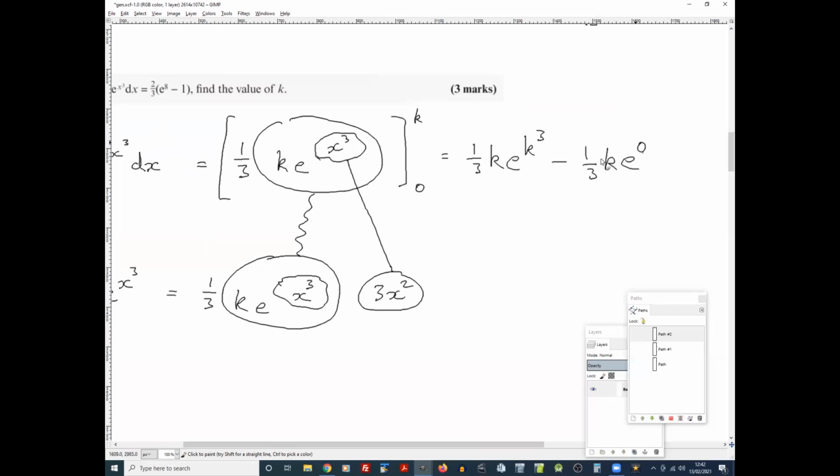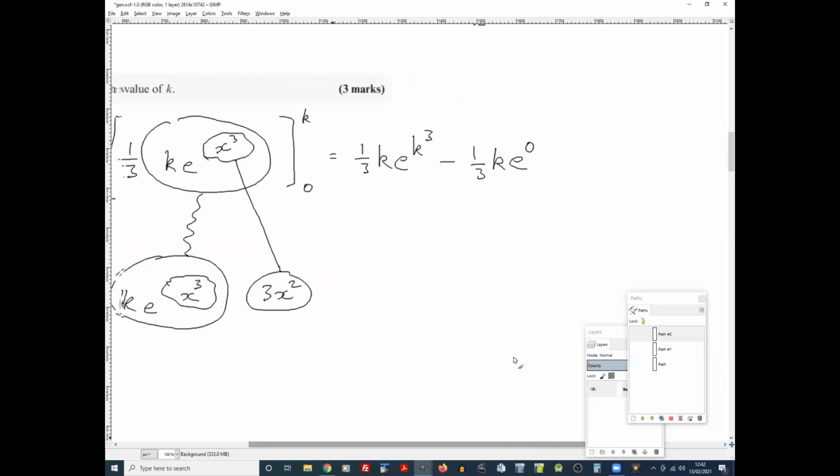So of course this term simplifies to what? 1. A third k. So we can bring a third k out, which is probably what they've done.